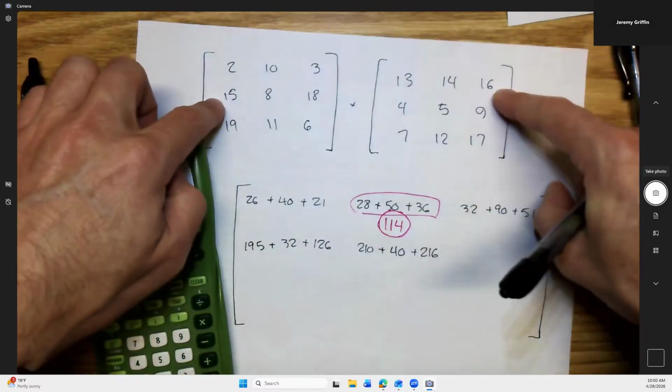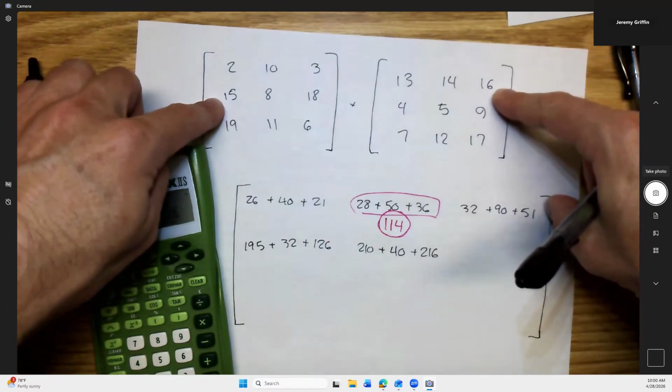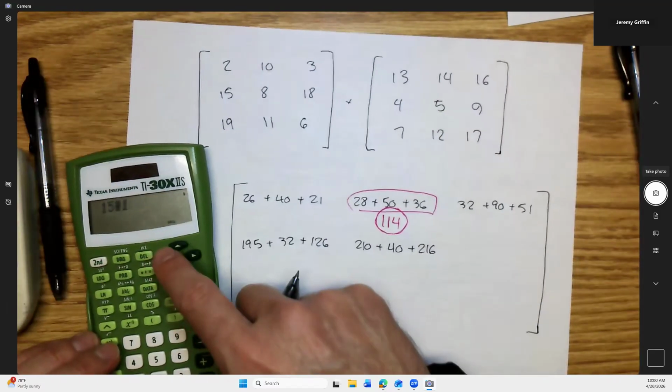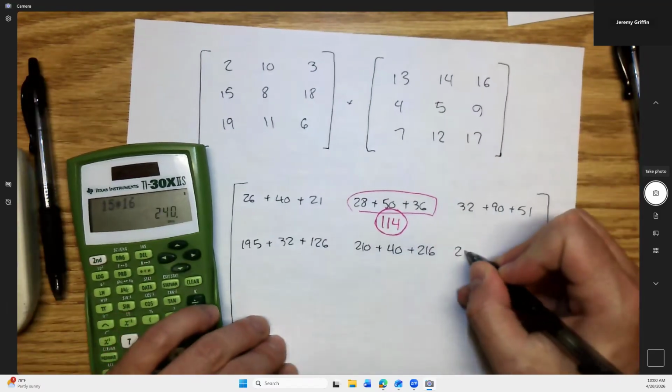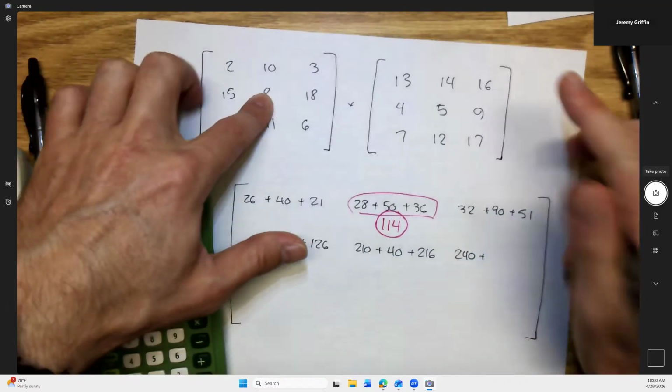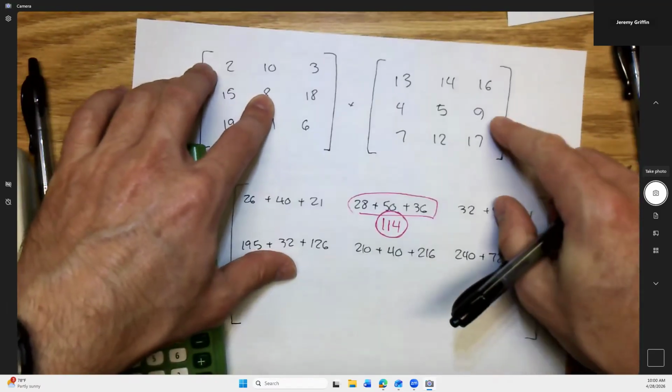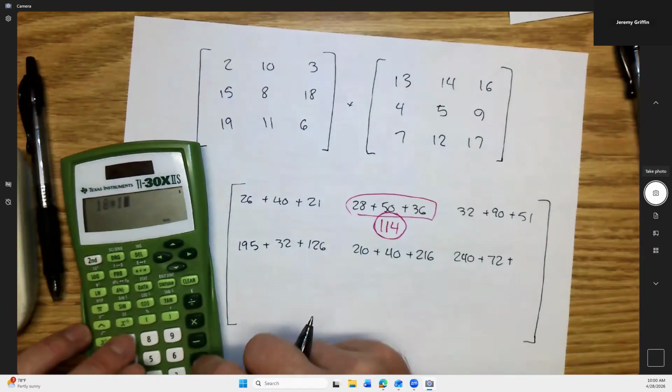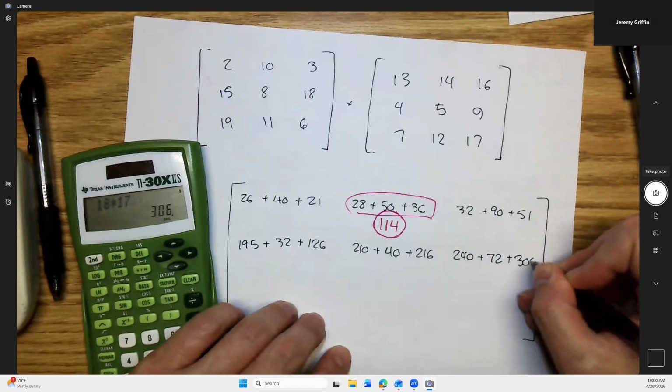Third column. So 15 times 16 is 240. 8 times 9 is 72. 18 times 17 is 306.